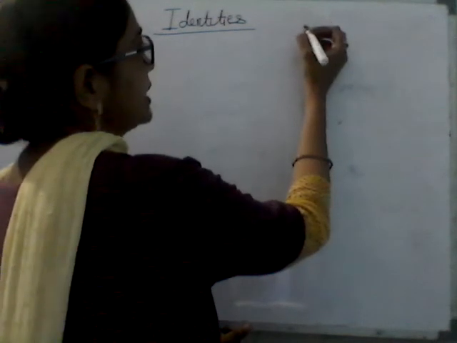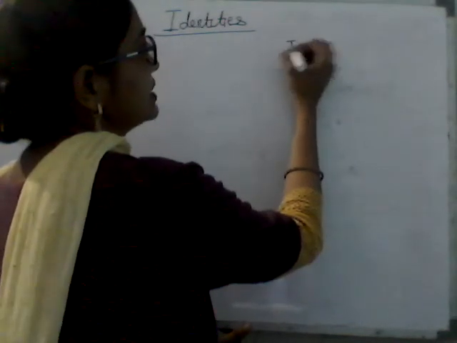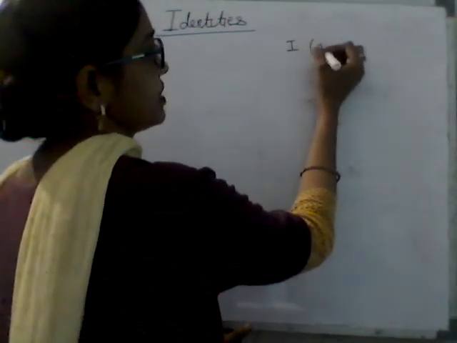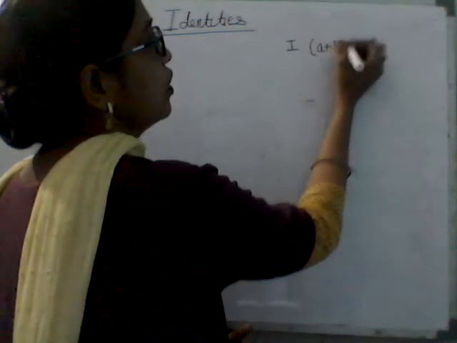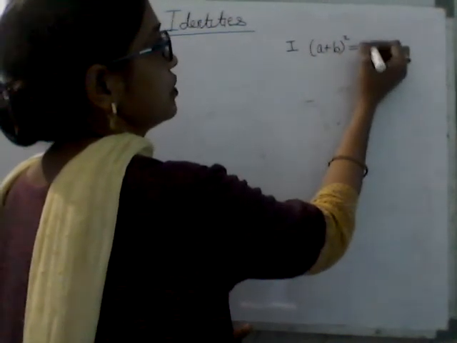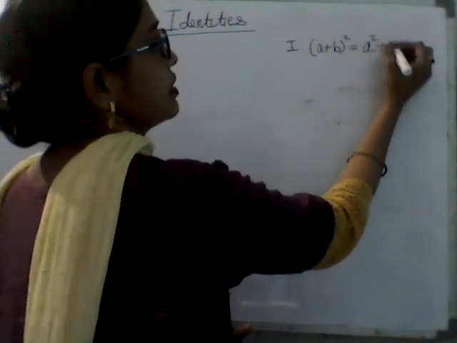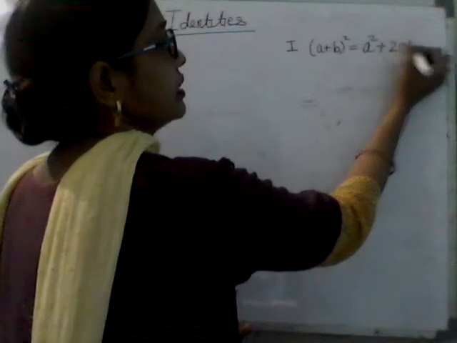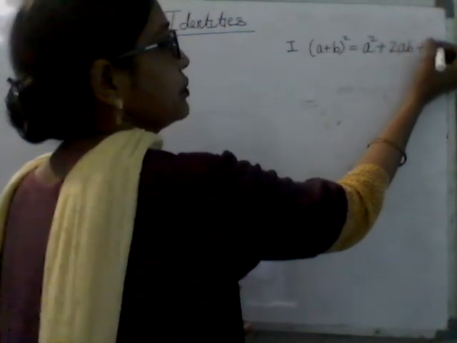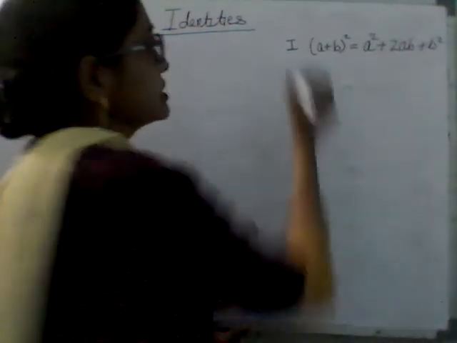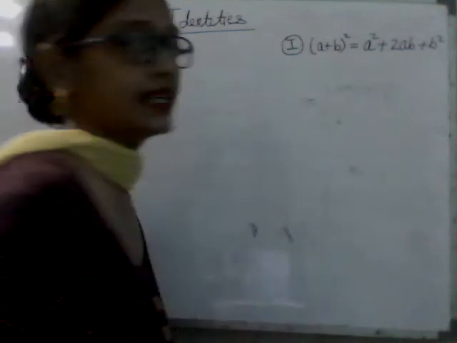There are three identities. The first identity is (a plus b) whole square equals a square plus 2ab plus b square. This is the first identity.